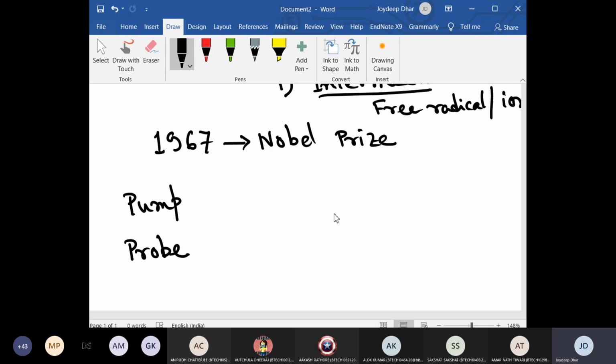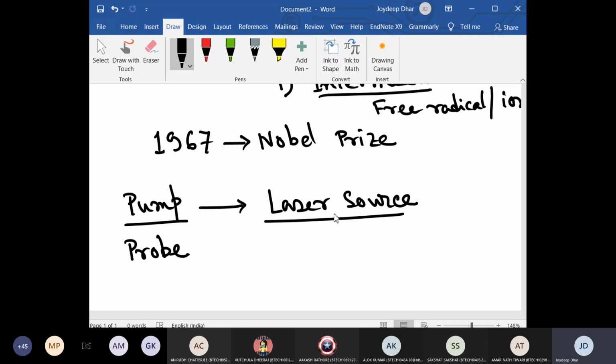In that case, the pump will have a laser source, and you will have your compound or reaction mixture, and there we will shine the laser light. That source is known as the pump.